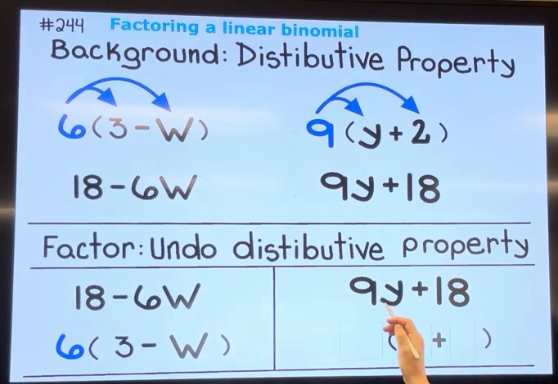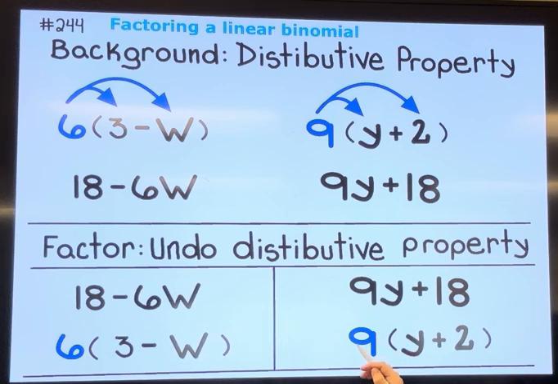Well, the biggest number that fits into both 9 and 18 is the number 9. And undoing multiplication is division, so what's left over? 9y divided by 9 is y, and 18 divided by 9 is 2.